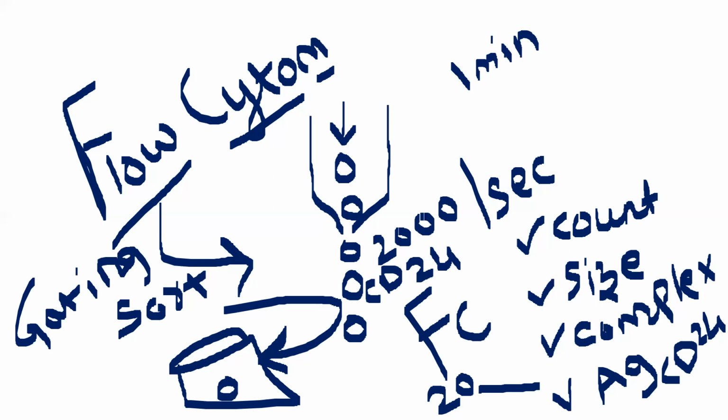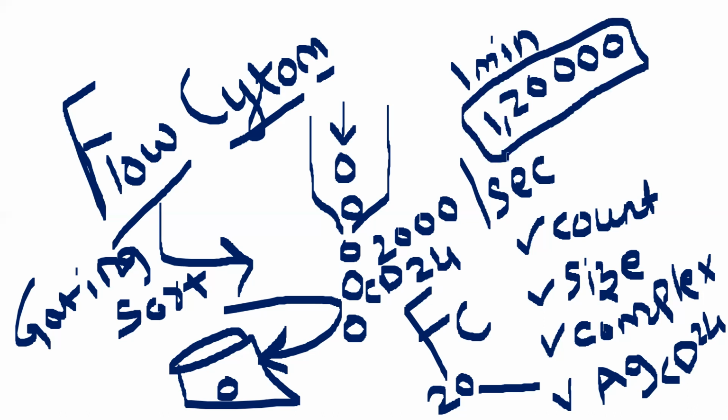Let me do that calculation. 2000 cells into 60 seconds. We will get 1,20,000 cells data in a minute. Just imagine how potent it is. By running the flow cytometer for 1 minute, I will end up with data equivalent to 1 lakh cells.